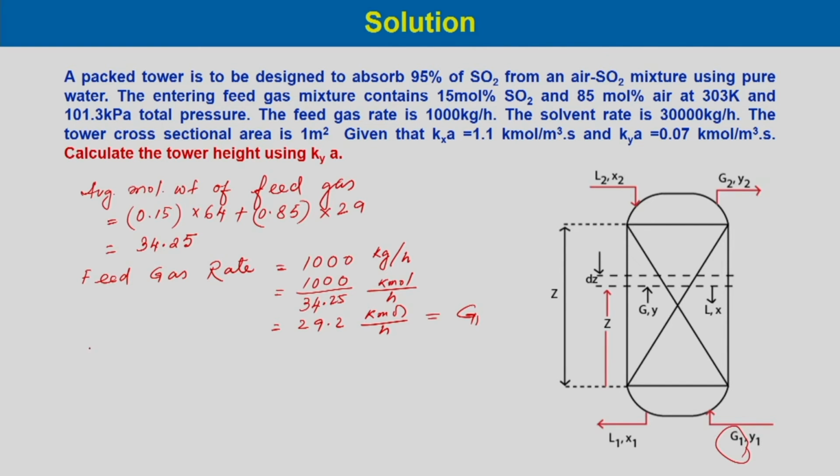Now, the feed concentration, which is y1, is given as 15%, 0.15.